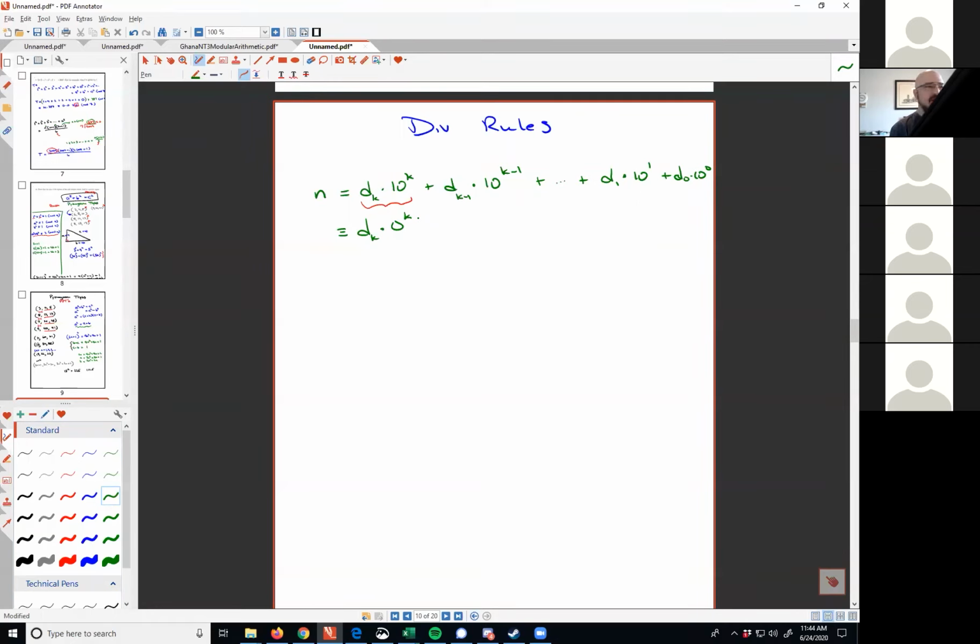So if we work in modulo 5, we replace 10 to the k power with 0 to the k power. We can replace 10 to the k minus 1 with 0 to the k minus 1. The only one that we don't get rid of this way is the units digit.